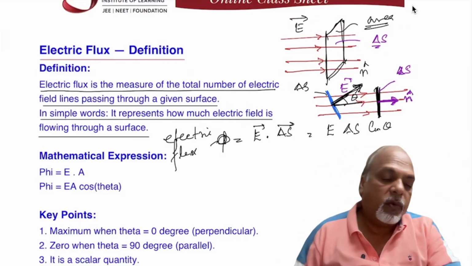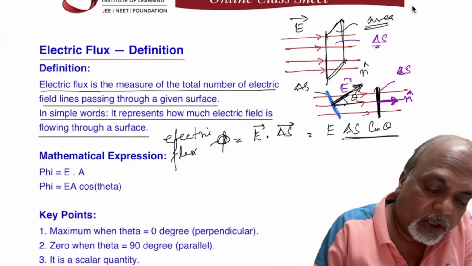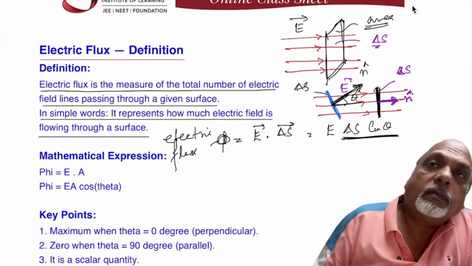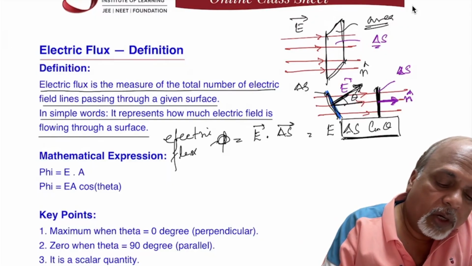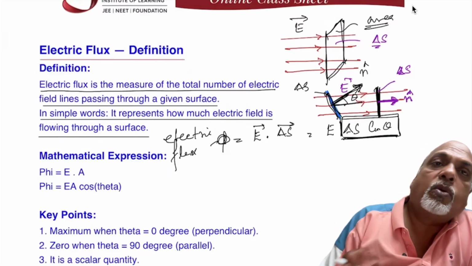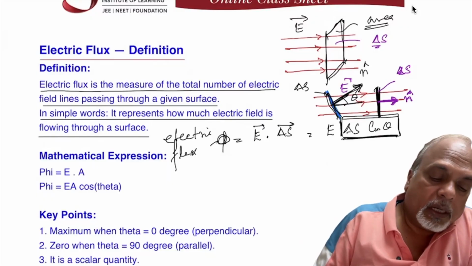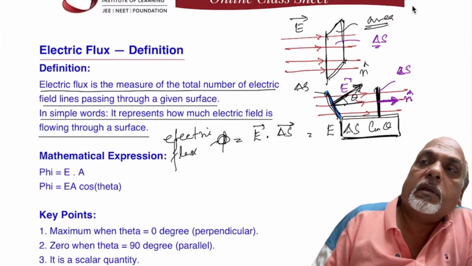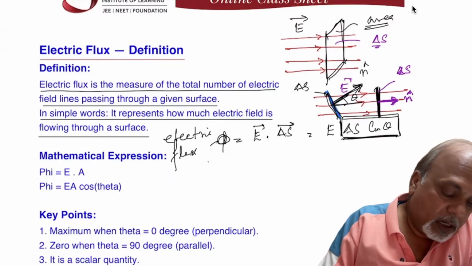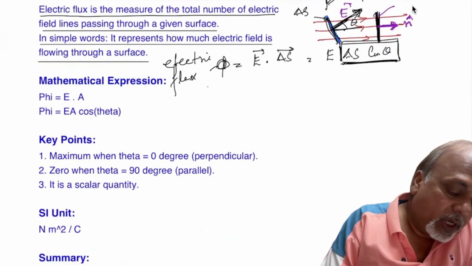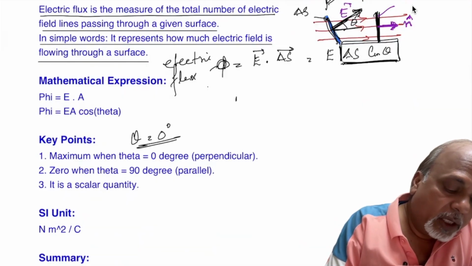Correct? Now, if you see delta S cos theta, in case of a tilted area, this is the area which is perpendicular to electric field lines, means exposed to the electric field lines. Correct? So when theta is 0, then your area is perpendicular to electric field lines.